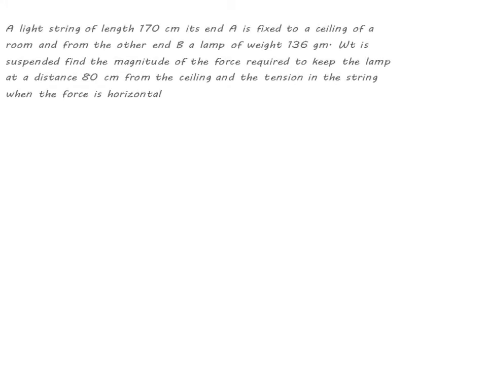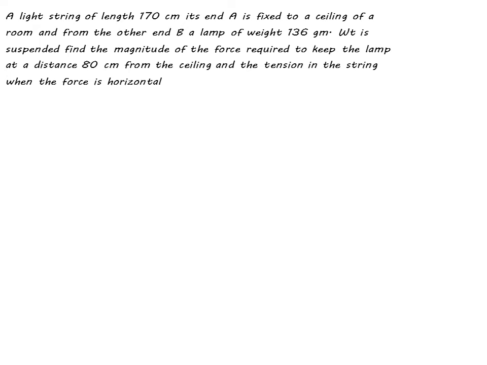Light string of length 170 centimeter. Its end A fixed to the ceiling of a room and from the other end B a lamp. Here we have a light string of length 170, its end fixed on the ceiling.